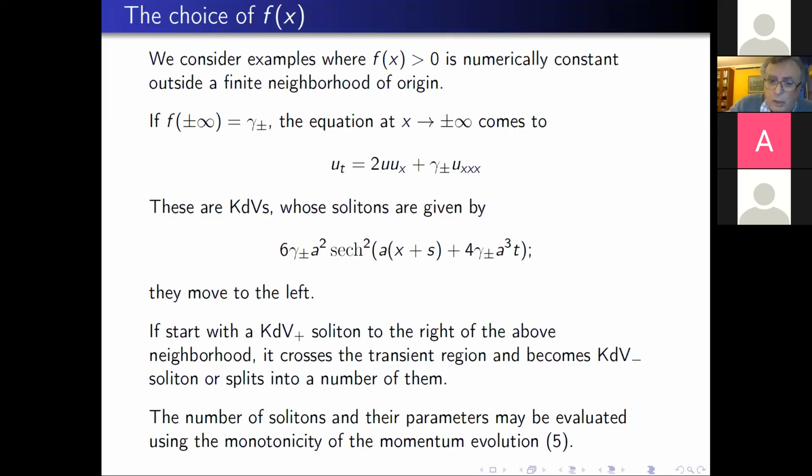By the ideology that everything that comes to them is initial data for KdV, it is clear that after transgressing this region, we will have maybe a number of solitons and maybe a reflected tail also. Let us see what it is in some examples.